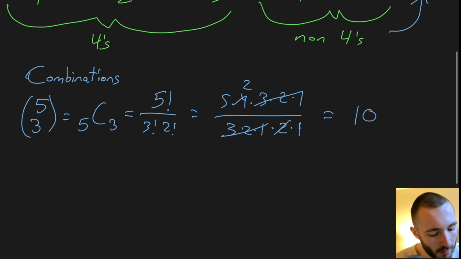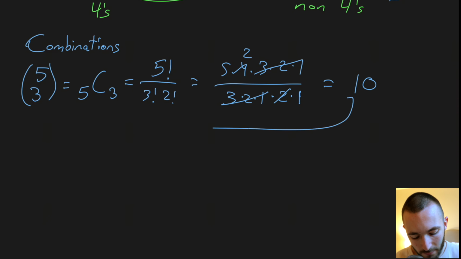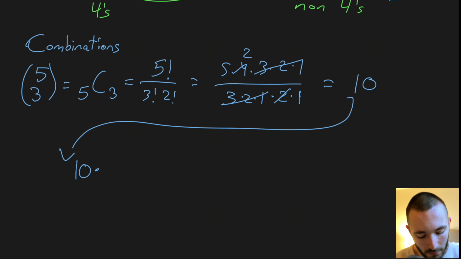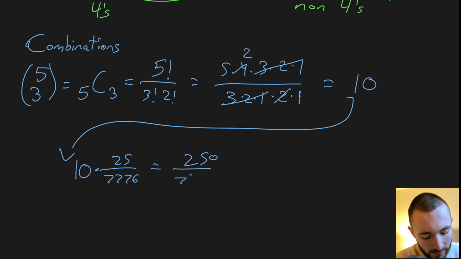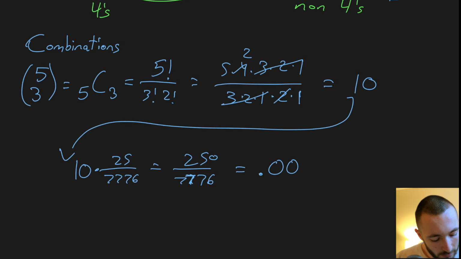Which is equal to 10. So finally, we have 10 times 25 over 7776, which is equal to 250 over 7776, which is approximately 0.0322, which is approximately 3.22%.